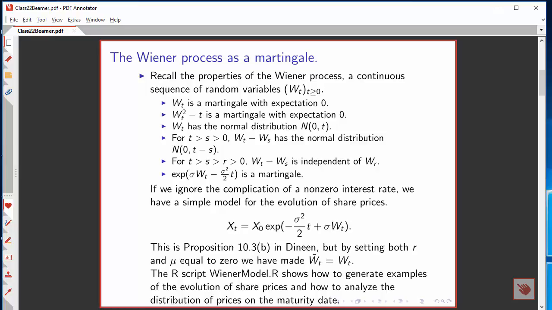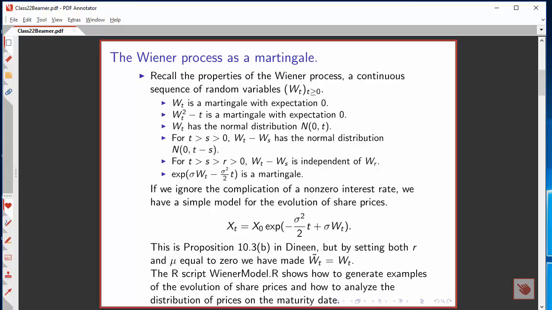That means that the variance is equal to t, and the expectation and variance fit together in the nicest possible way. W sub t, this random variable indexed by time, has a normal distribution with expectation 0 and variance equal to the time interval t.